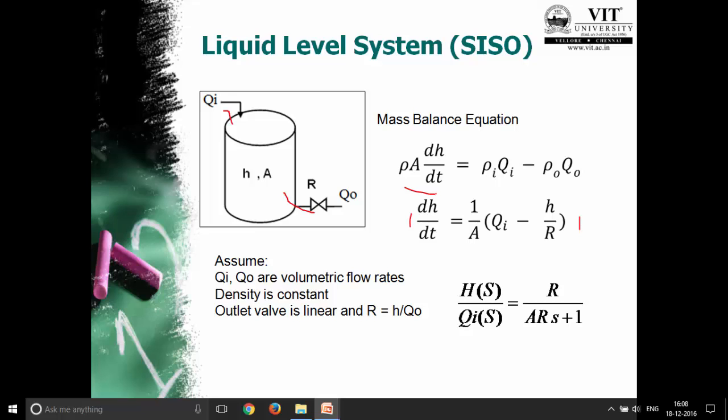So where the process output is h of s, we are interested in monitoring the liquid level changes, where the input is inlet flow of the liquid. So this could be represented as R by ARs plus 1. So since it is a linear system, we can represent with the help of both ODE equations and transfer functions.